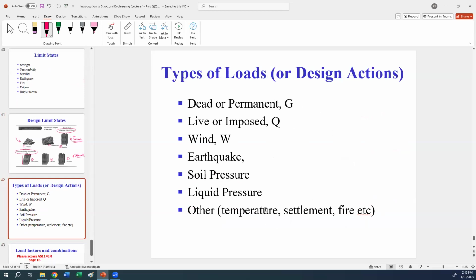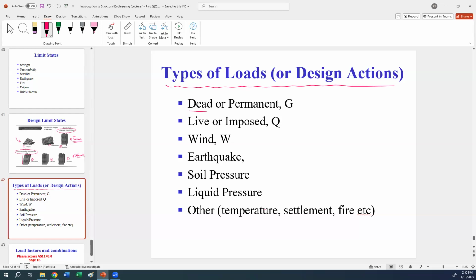Okay, so here are some of the symbols of the loads we will be using during our course. The Australian standard gives us the symbols directly, so you need to know the symbol of each load.